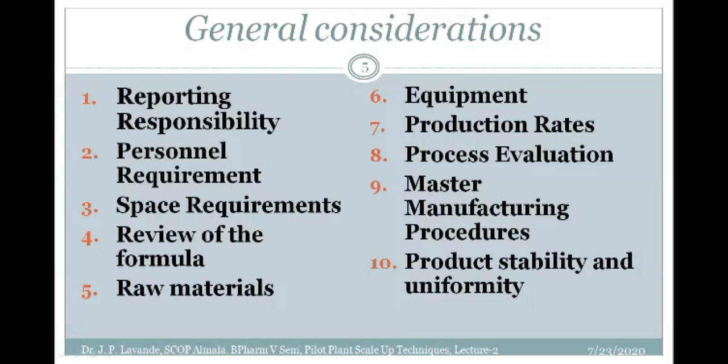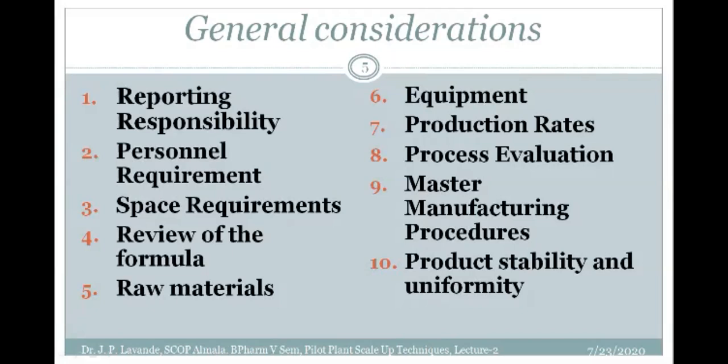We need to give our due consideration to the equipments, the production rate, the speed, yield, the processes, the methods, the steps which are used. These need to be carefully evaluated.